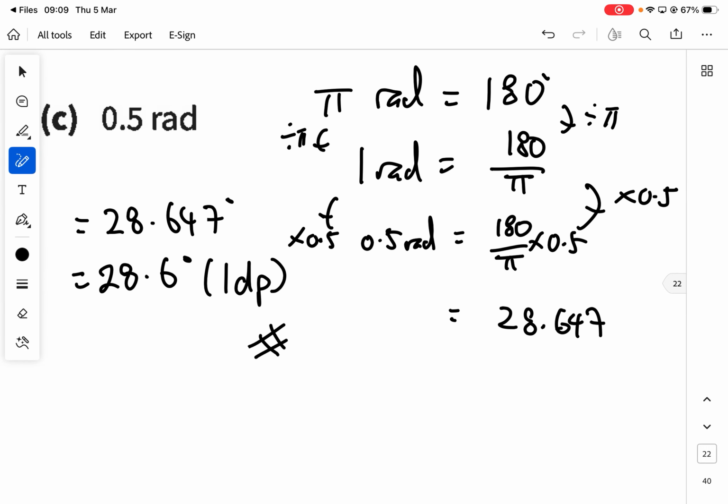It will tell me 0.9987. Then this one is wrong. This one is correct, this one is wrong. If you get this one, it means you never changed the mode correctly.